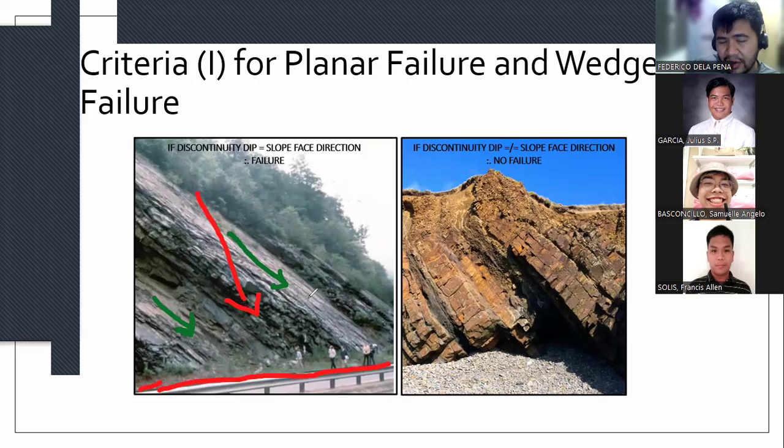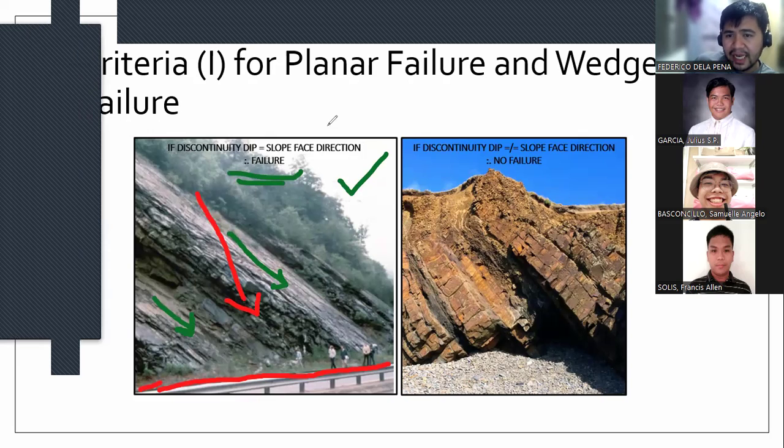You can see here some recent rock planar failures. In this case, the slope face and the discontinuities are still quite parallel to each other. Now, the second photo is an extreme example.